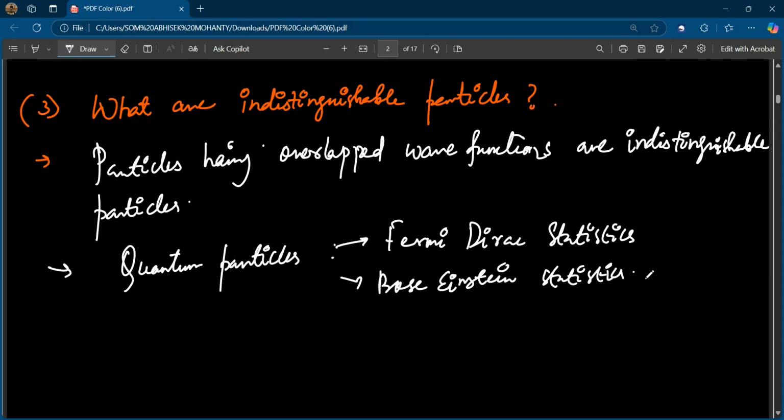As they are quantum particles, they will obey the Heisenberg uncertainty principle.